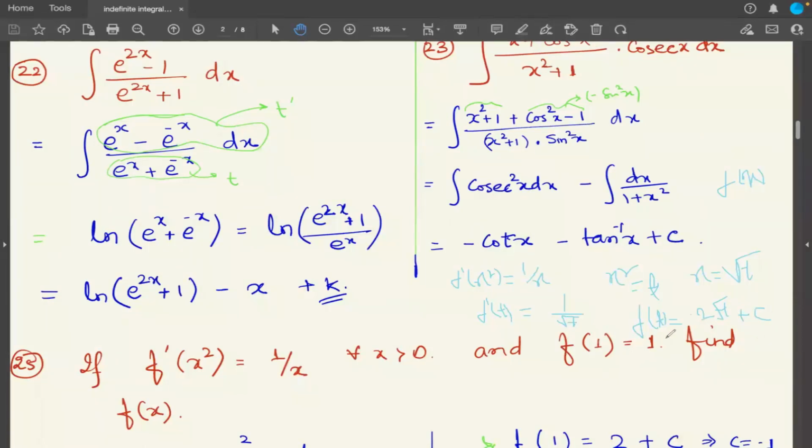Because f1 is 1 given, try to put it here. If we put t is equal to 1, then 1 is equal to 2 plus c, because root 1 is also 1. So we get the value of the constant as minus 1. I hope you will understand that.